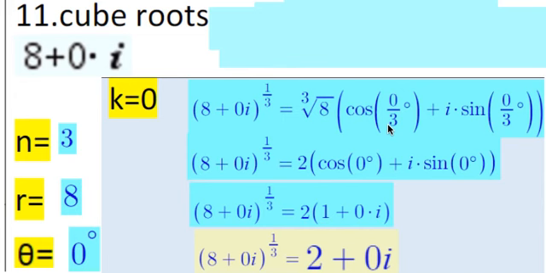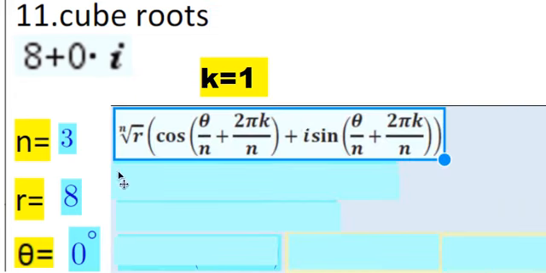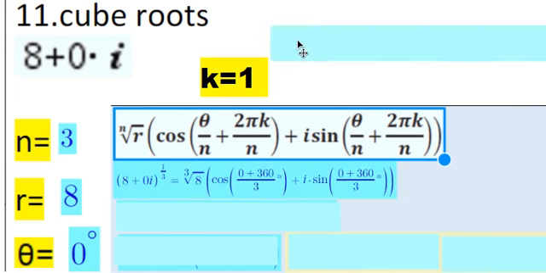So the next thing we're going to deal with is when k equals 1. So a lot of the stuff is still the same. n, r, and theta are all identical to what we started with. So we're going to fill in this formula with those values. The difference is now k is 1.